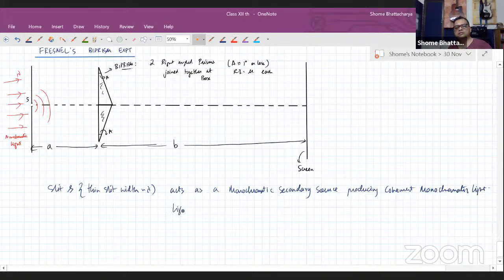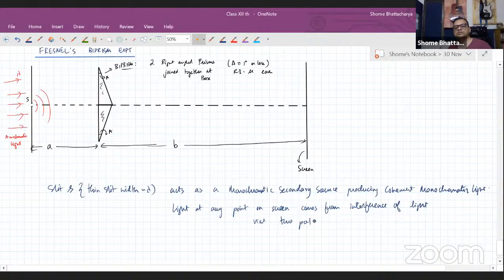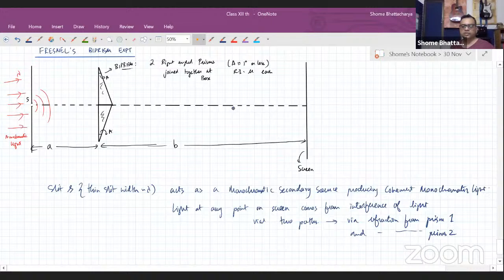Now the light at any point on the screen comes from interference of light via two paths, via refraction from prism 1 and refraction from prism 2. So that is what creates the interference effect.